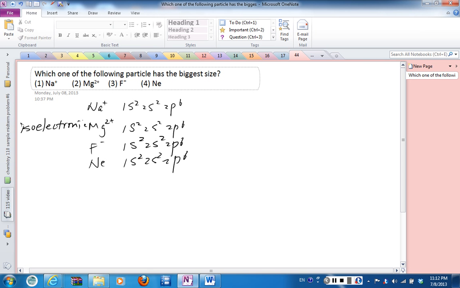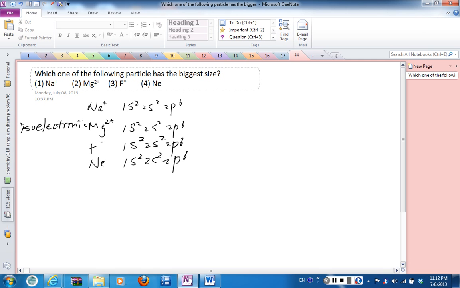No. Although they have the exactly same electron configuration, and electrons are all the same. Now, don't forget, inside, in the heart, they're different. They have different nucleus, and different nucleus have different charges and different kind of attraction on the electrons.